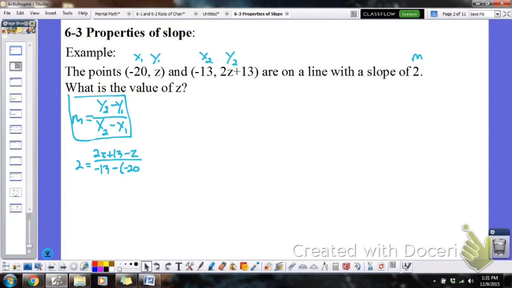Notice I used parentheses since I'm subtracting a negative. Well, now I can start solving this equation.